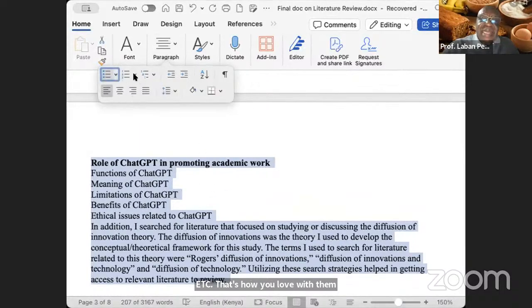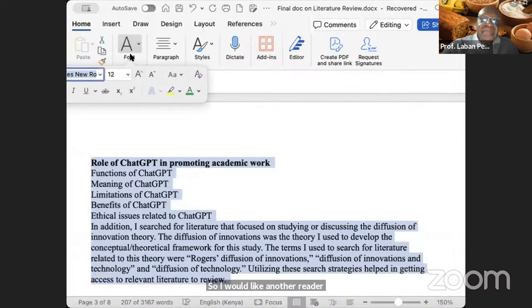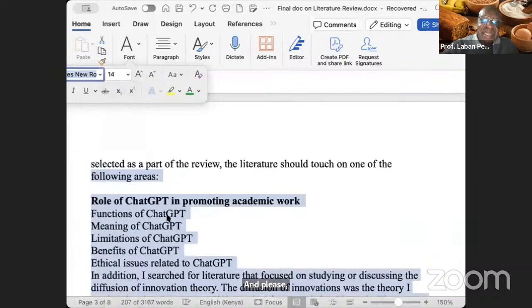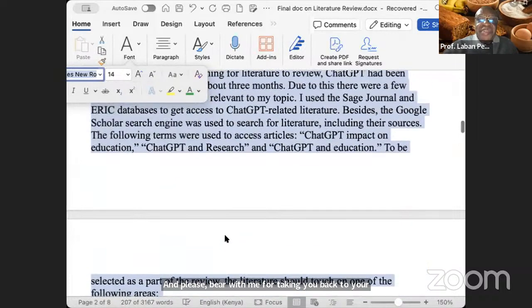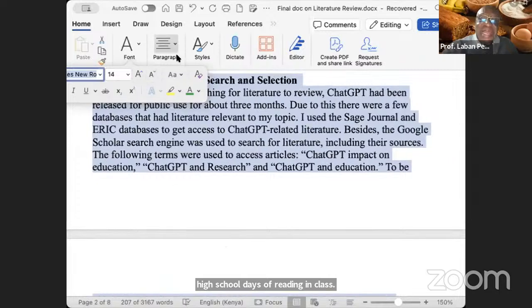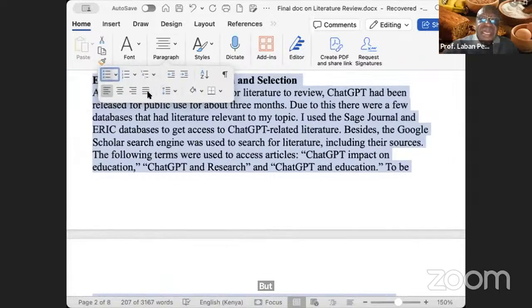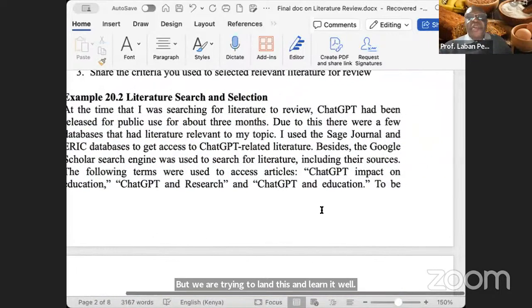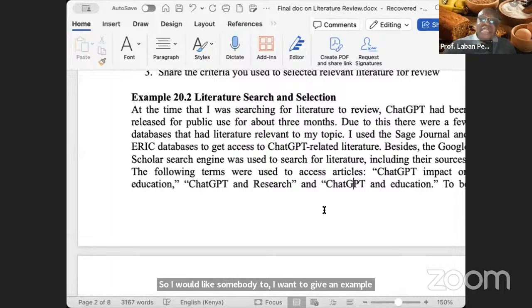So I would like another reader, and please bear with me for taking you back to your high school days of reading in class. But we are trying to learn this and learn it well. I want to give an example of what I wrote here.